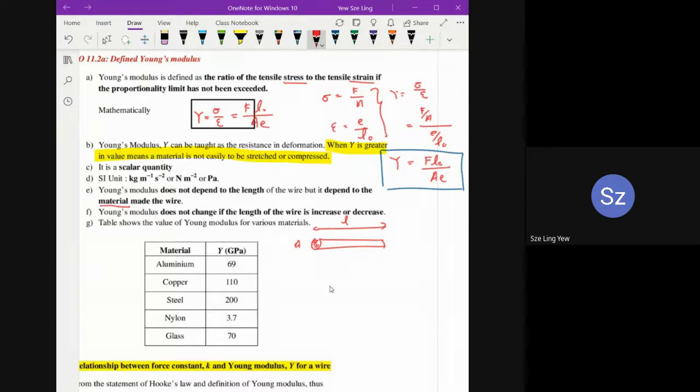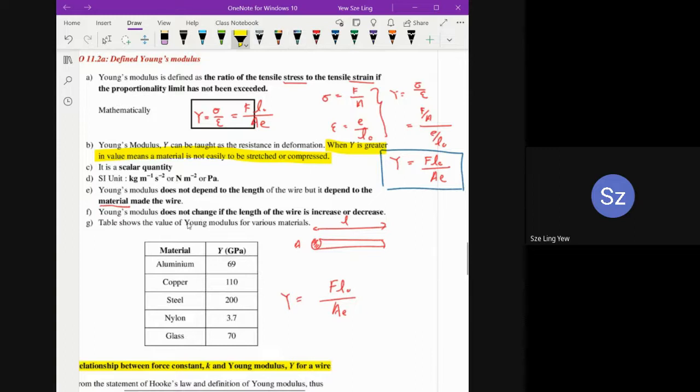So we have the equation FL0 over AE. Young modulus does not depend on the force, it does not depend on the length, it does not depend on the area. It depends on the material of the object. So basically this equation won't affect the value of Young modulus. The thing that affects the Young modulus is the material.